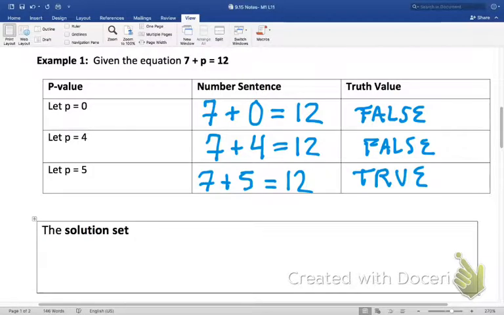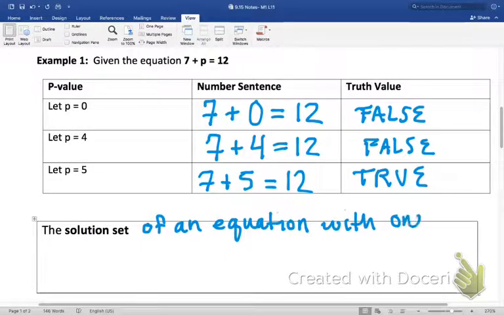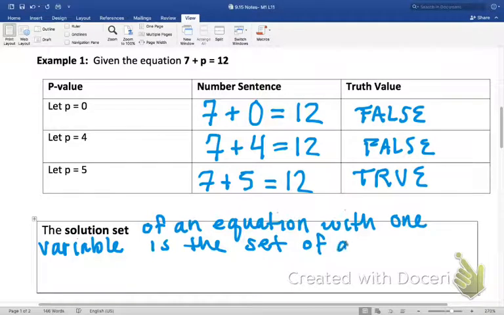Okay, and this kind of leads into our definition of a solution set. A solution set of an equation with one variable, because that's all we're focusing on right now, is the set of all values that make the equation true.